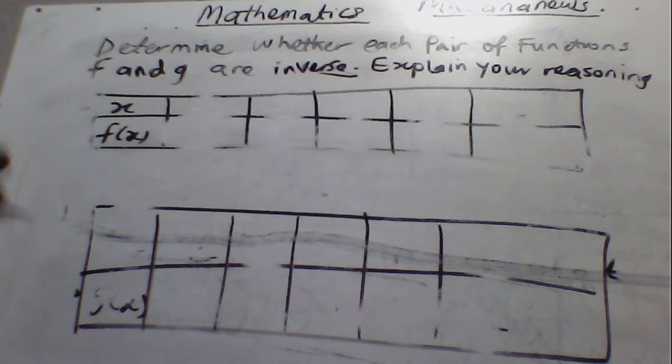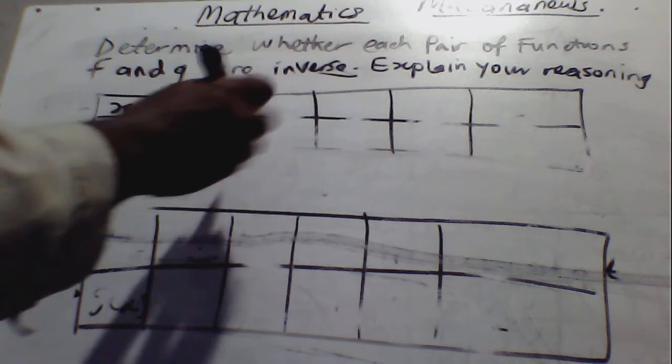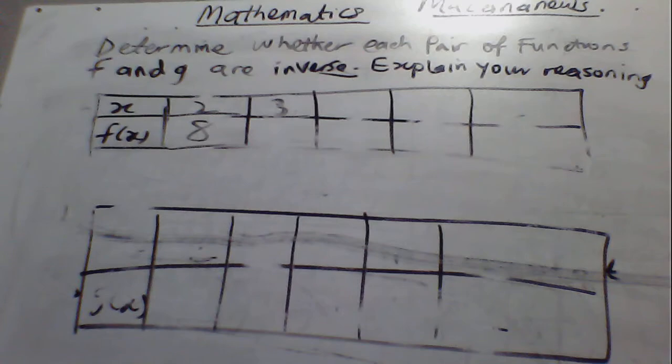So what if you are given, you have 2 here, you have 8, you have 3, there's 3 here, and here is 6, you have 4, 4, 5, 2, 6, 0.